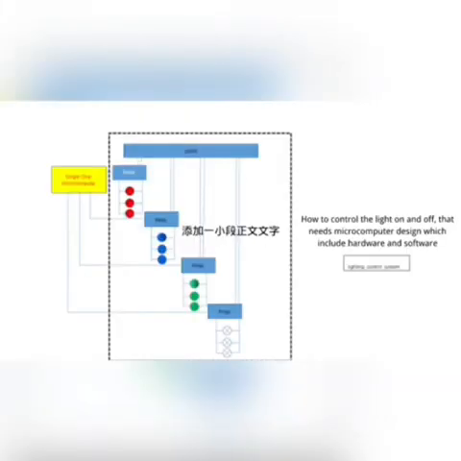Look at our light-controlled engineering drawing. From this drawing, we see the single chip microcomputer is the most important part. It could control the light on and off time.